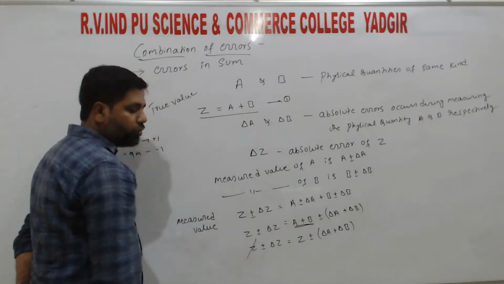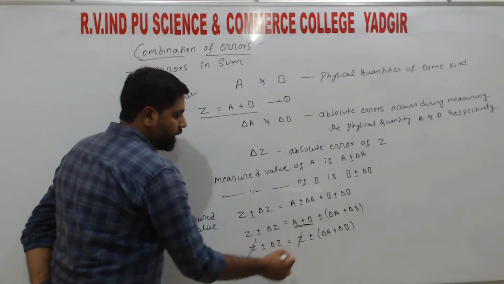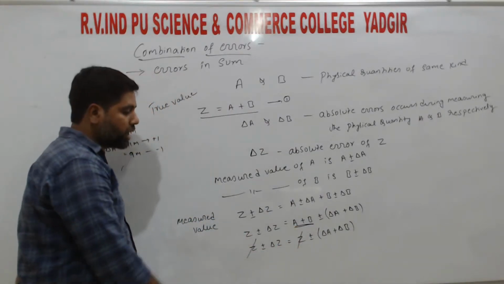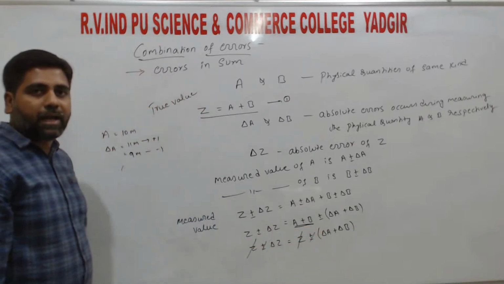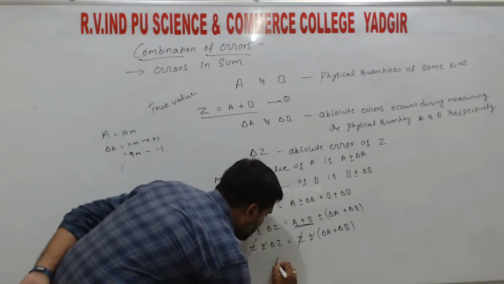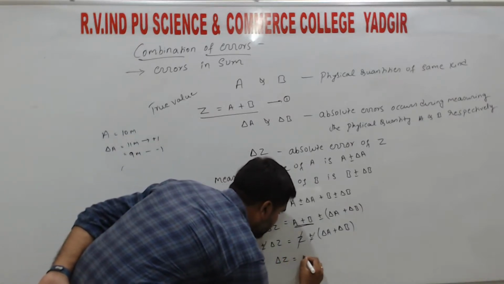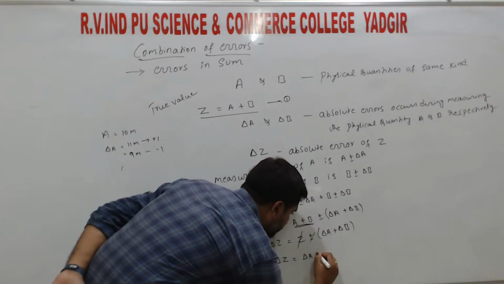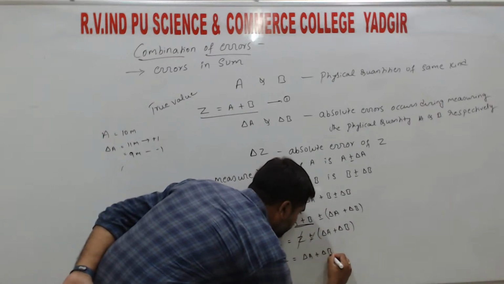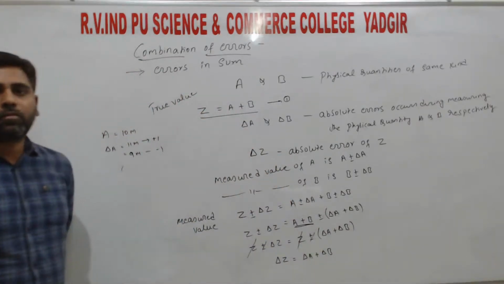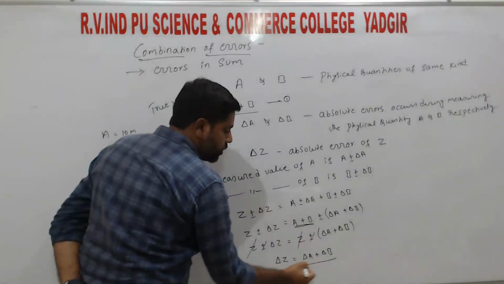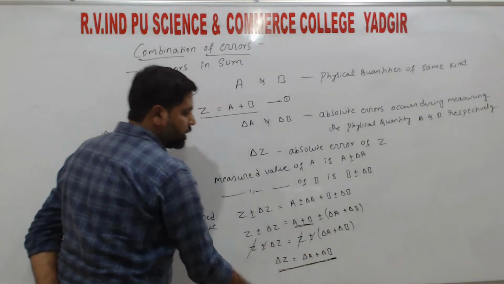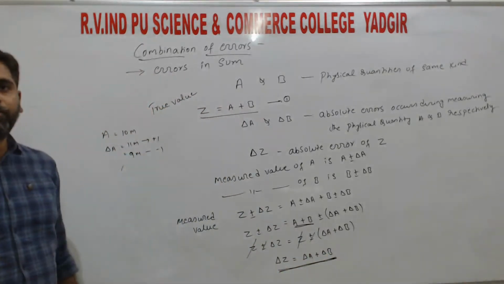So in the LHS also we have Z, in the RHS also we have Z, right? So it cancels. So here also plus or minus gets cancelled. So the absolute error delta Z equals the sum of the individual absolute errors, right? So this one is the final expression for the sum of errors, right?